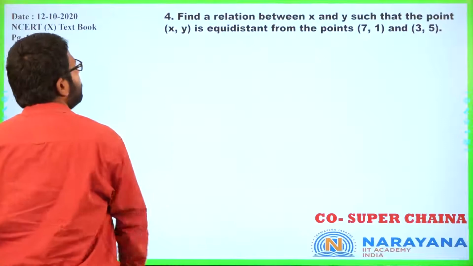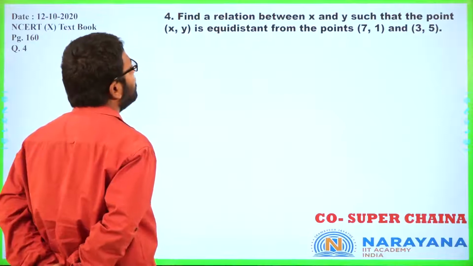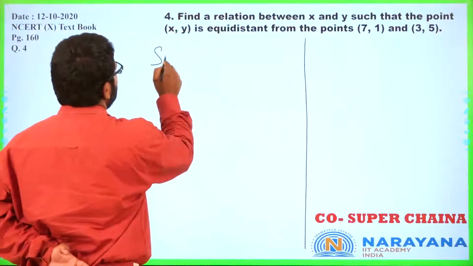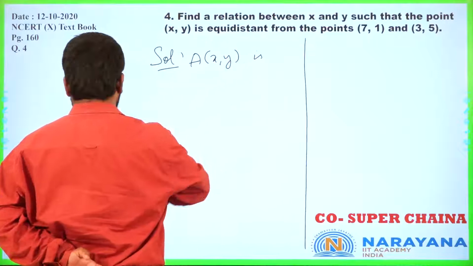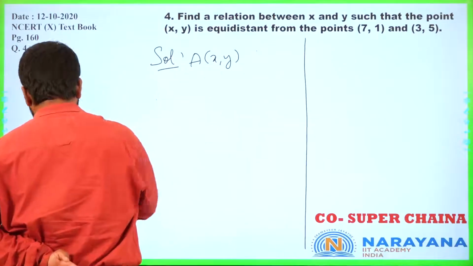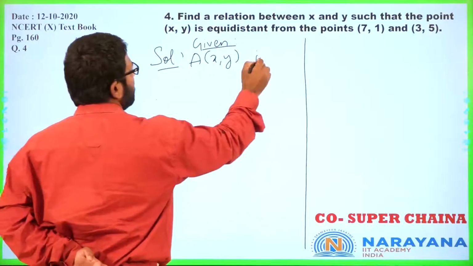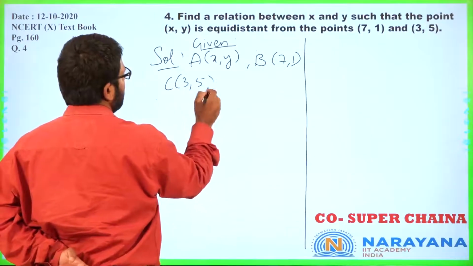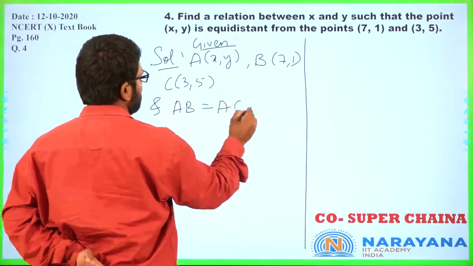Alright. So find the relationship between x and y such that the point x, y is equidistant from the points 7, 1 and 3, 5. Alright. So A is x, y, it is given point A x, y, B 7, 1, C 3, 5, and it is also given that AB equal to AC, right?